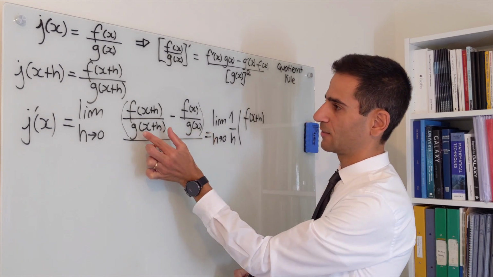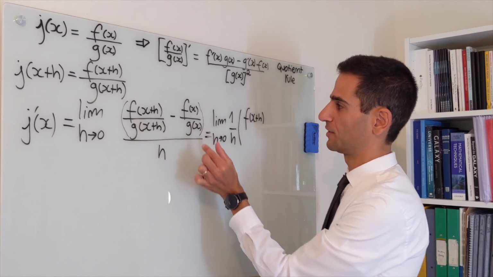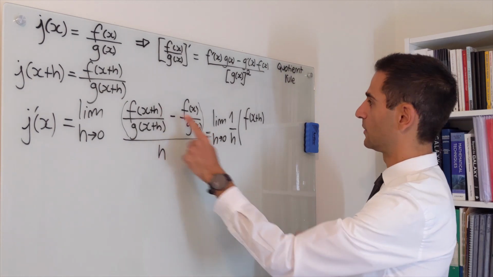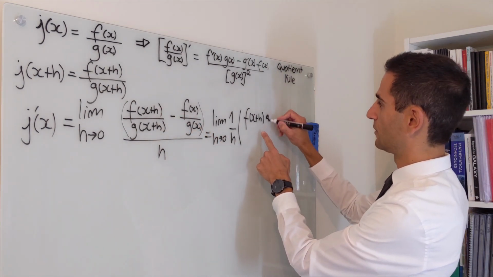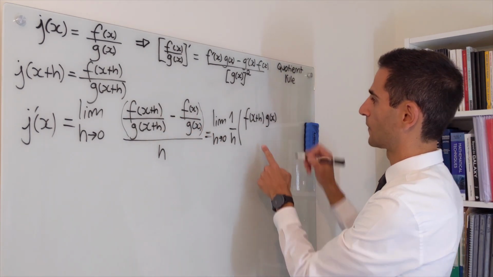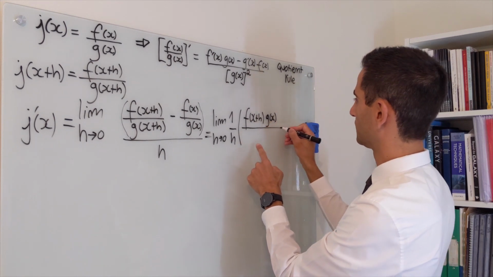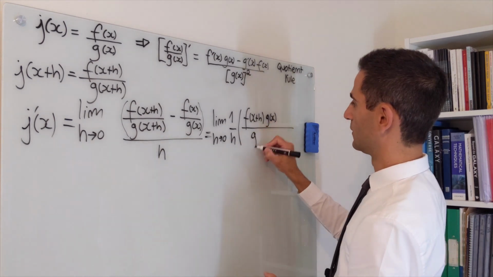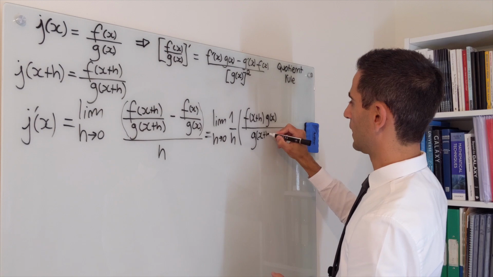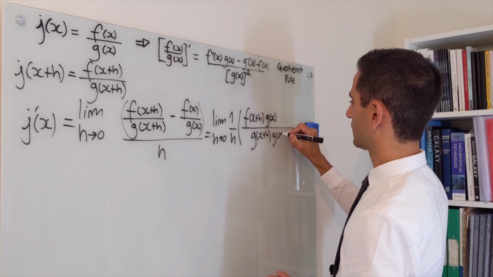In this case, we'll get g of x plus h times g of x. So we need to multiply by g of x and divide by g of x, and we end up with g of x plus h times g of x.